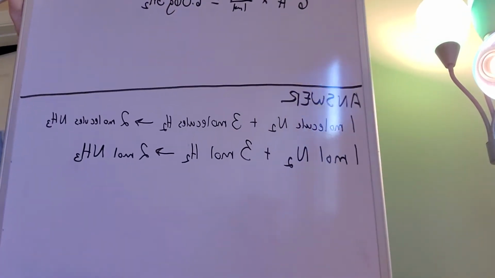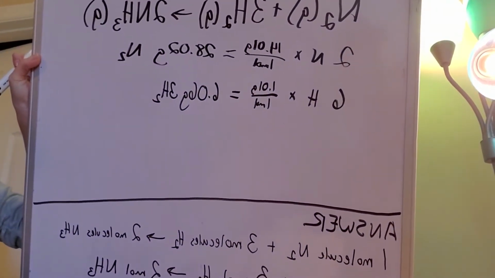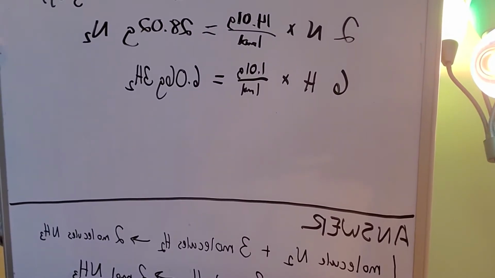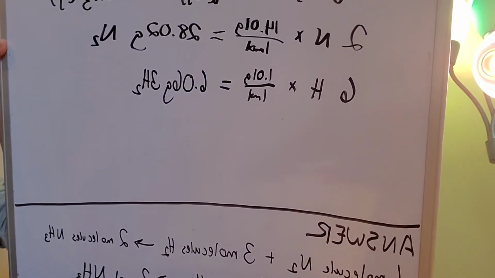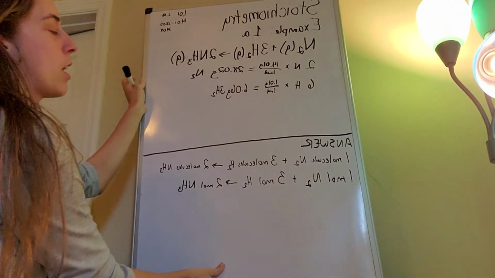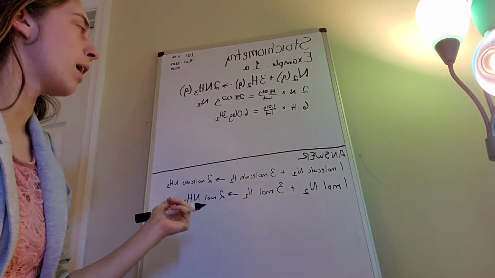That's how many grams those two things are. Sorry, those are your answers. These are the calculations that I just did, okay? Calculating the molar mass of N2 and the molar mass of 3H2. Now, lastly, I have to calculate the molar mass of NH3, okay?